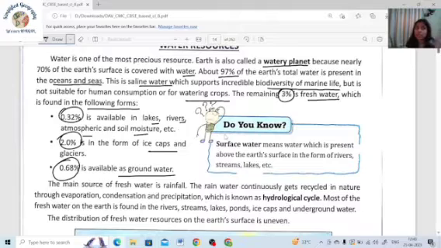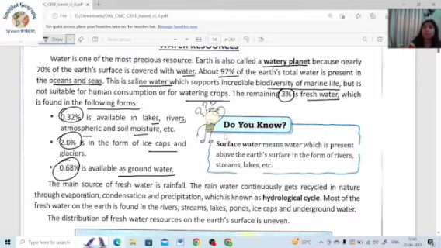So we are getting the incoming solar insolation. It heats up the surface water. When the surface water is heated up, it becomes light and goes to the upper atmosphere, and then it condenses and makes clouds, and when the cloud is full of water particles, it cannot hold anymore, it starts raining.